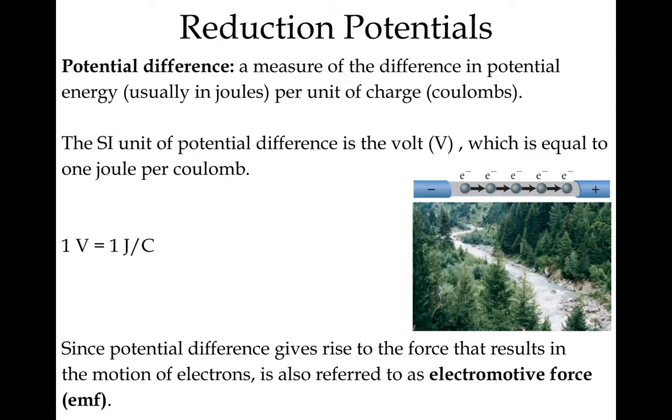Potential difference, electromotive force, and essentially, just like water is going to flow downhill in response to gravitational potential energy, electrons are going to flow through some kind of conductor in response to an electrical potential difference.